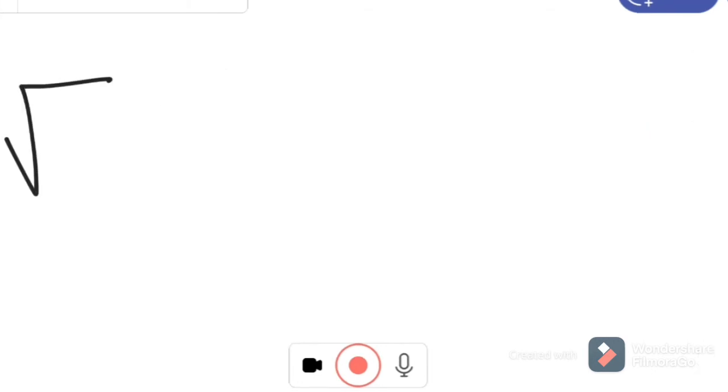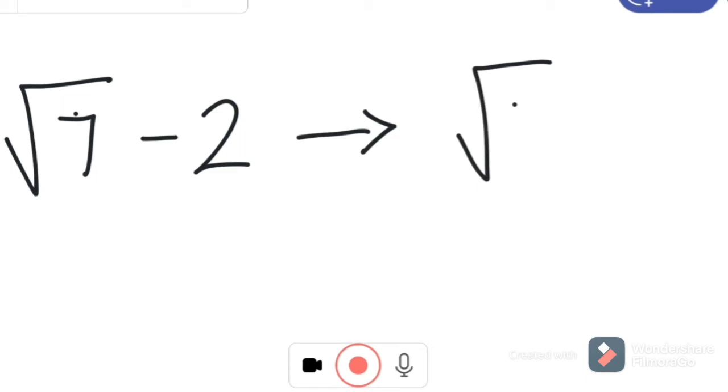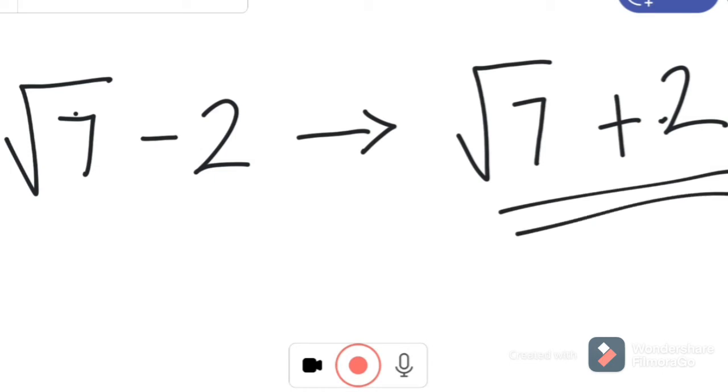Square root of 7 minus 2. Its conjugate is the square root of 7 plus 2. Again, this is how we write conjugate.